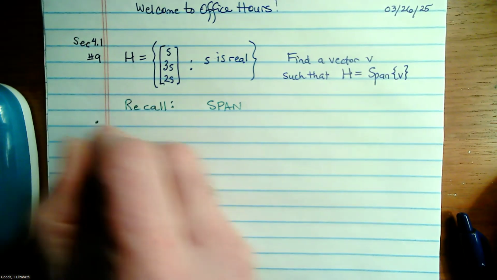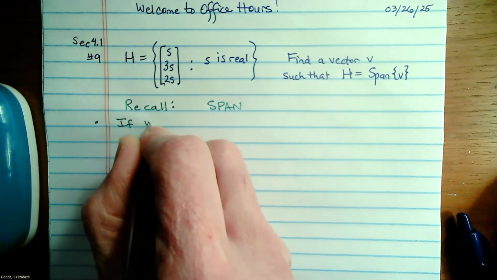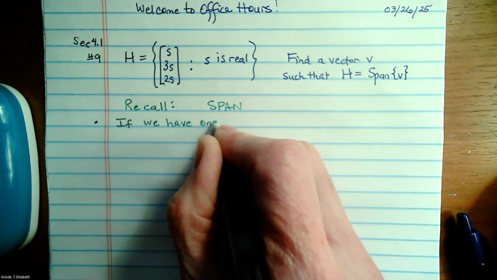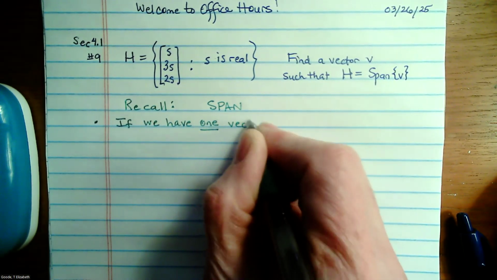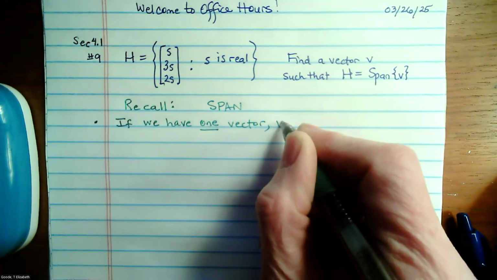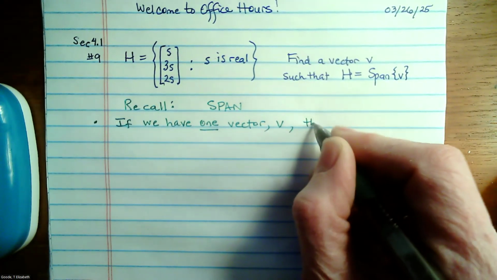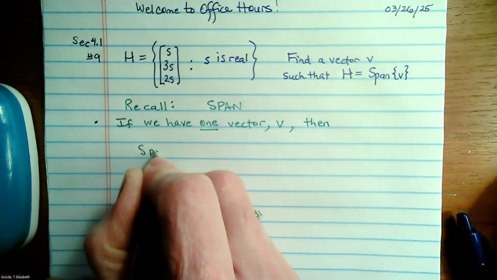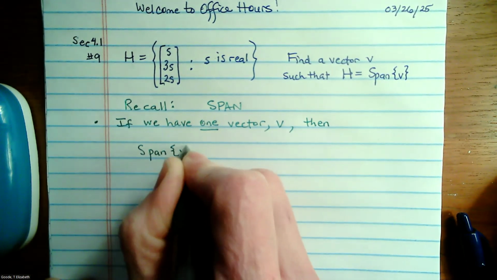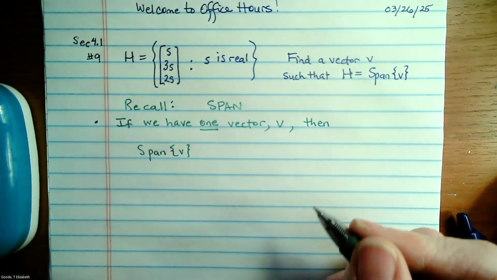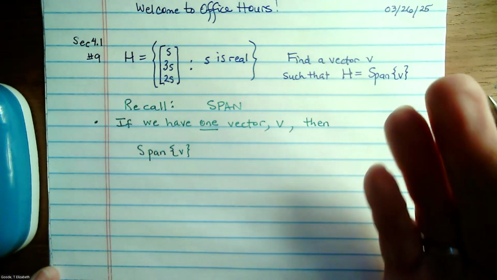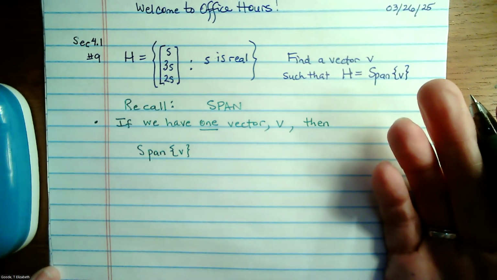Okay, so if we have one vector, call it V, then what is the span? Well, the span of V is literally the set of all scalar multiples of V. It's everything we can build using V. Well, what can we do with V?